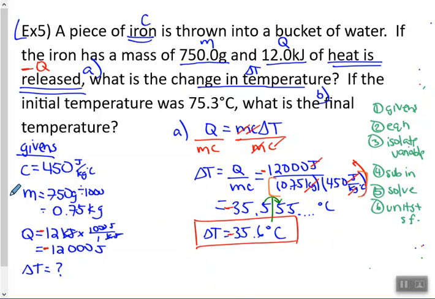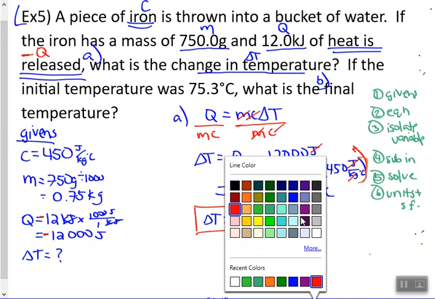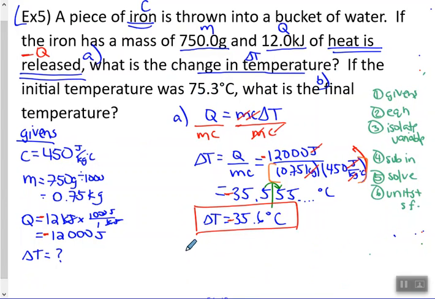Why that is important is once we get to B, when I'm finding the final temperature, so looking for T2. My change in temperature is T2 minus T1.